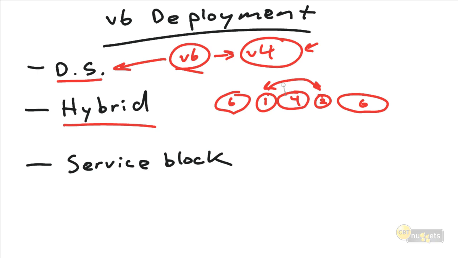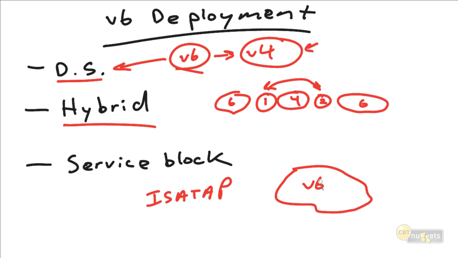The service block approach, well, with the service block, we call upon something called ISATAP tunnels. What happens here is you've got this v6 area, and then you've got this v4 only area, and you've got one router here, let's call it router 7, that is dual stack.